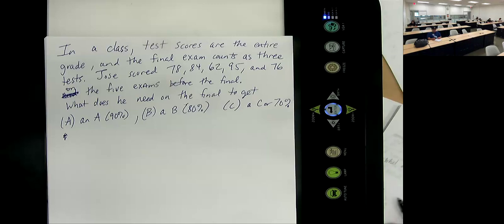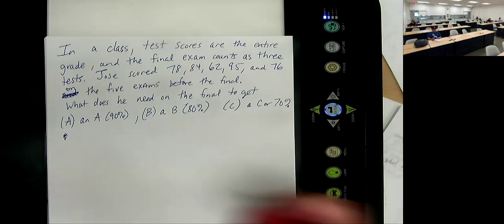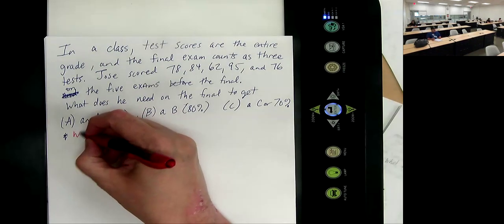Okay, so when you have a bunch of things in a category, what we're doing is we have to average the scores.